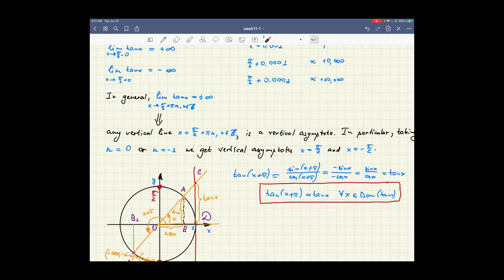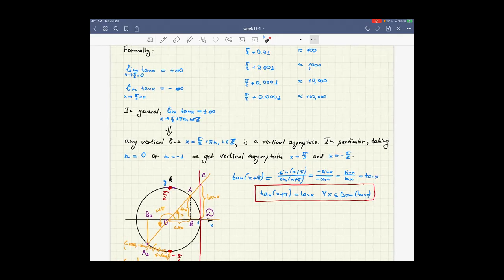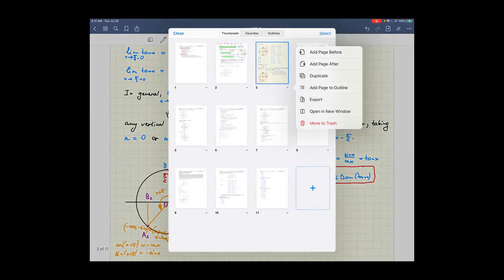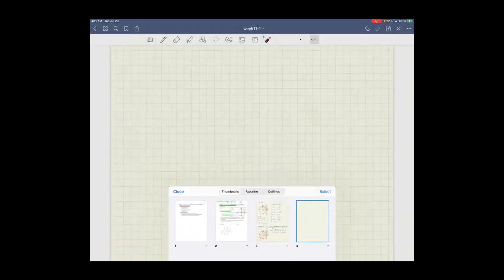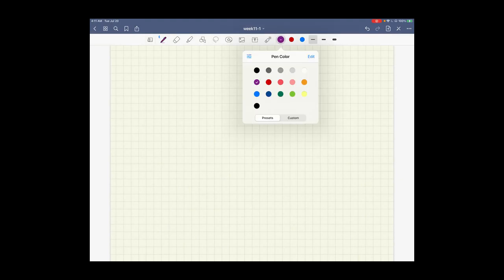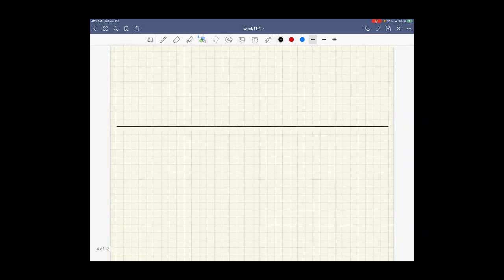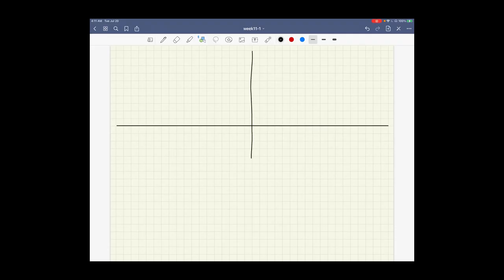It actually confirms our previous finding, because pi over 2 and negative pi over 2 being vertical asymptotes, coupled with the fact that tangent is pi periodic, indeed implies that pi over 2 plus pi is also a vertical asymptote.